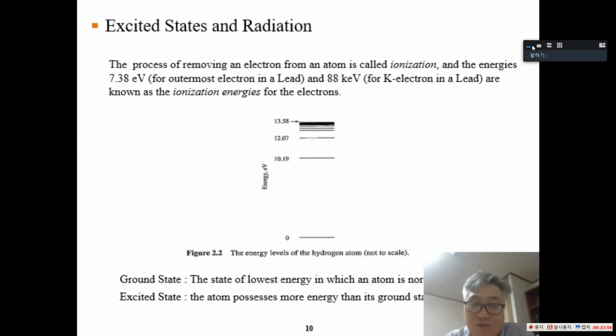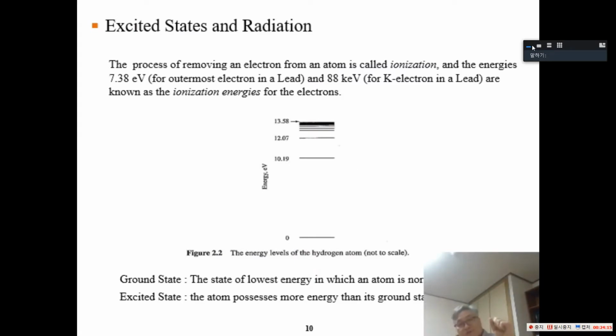So the extra energy is emitted in the form of gamma ray.